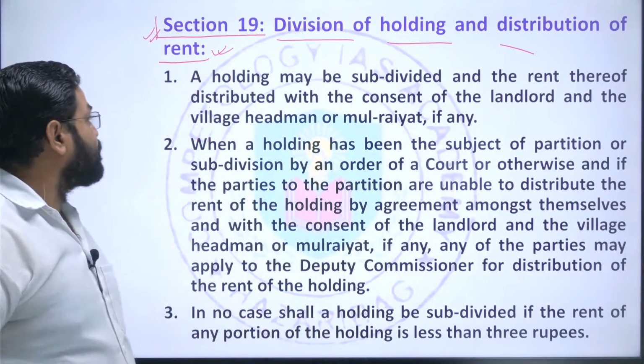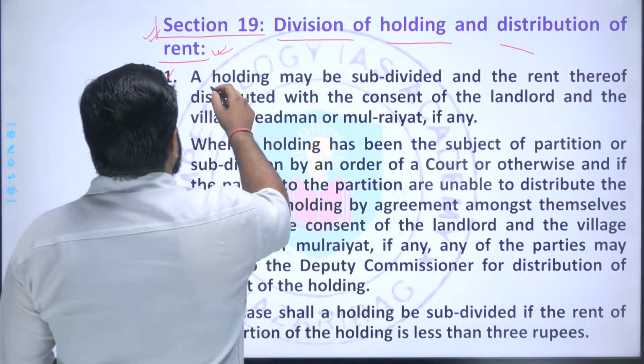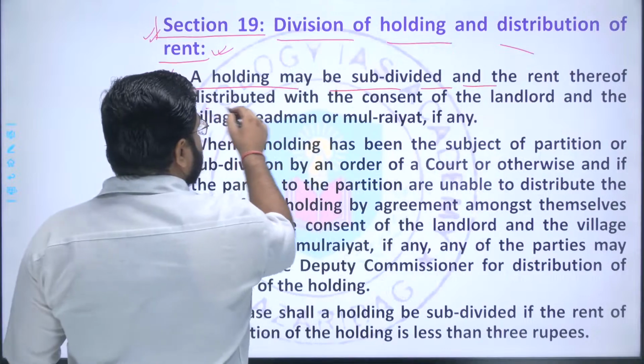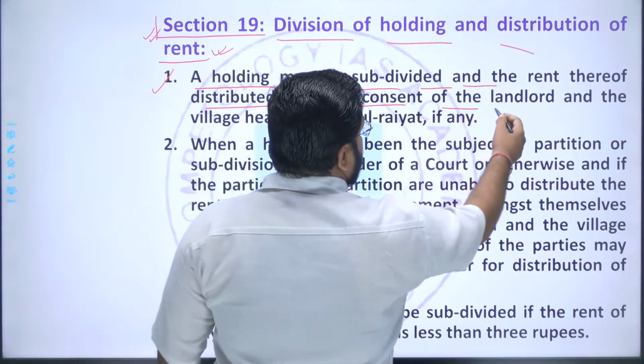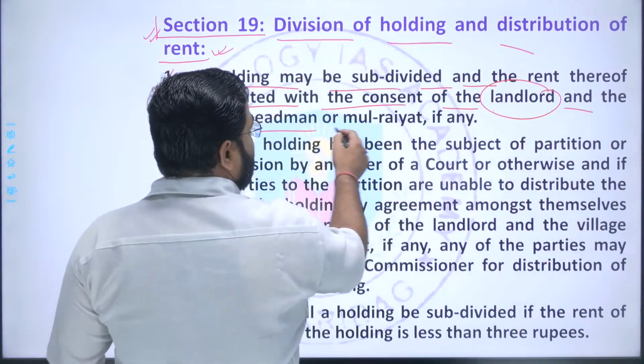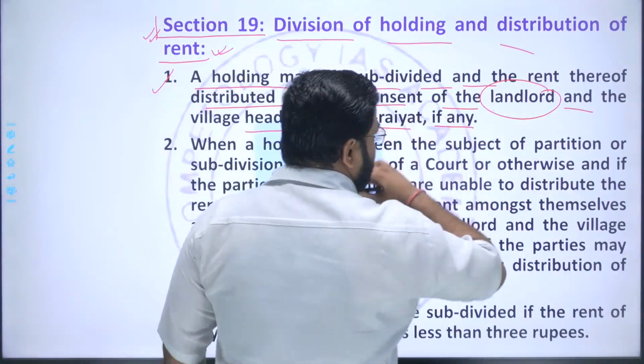So here the first point says that a holding may be subdivided and the rent thereof distributed with the consent of the landlord and the village headman or mul rayyat, if any.